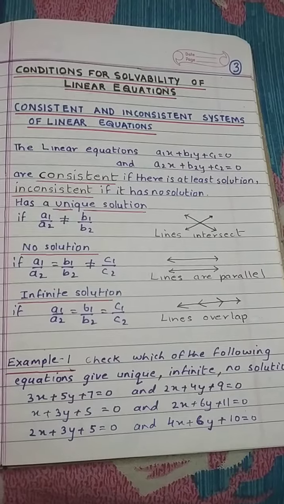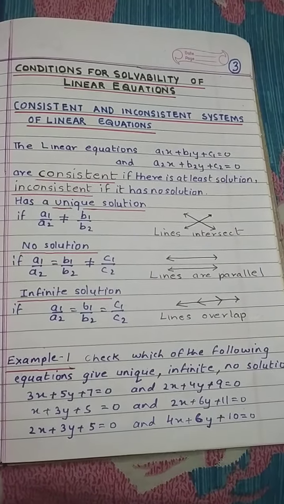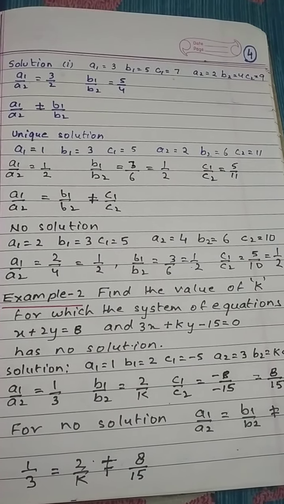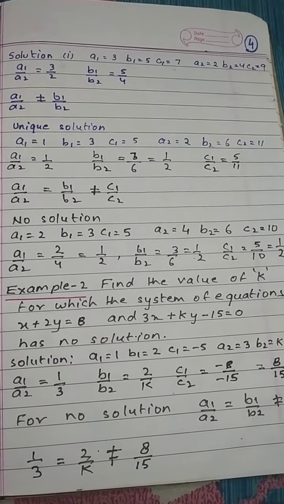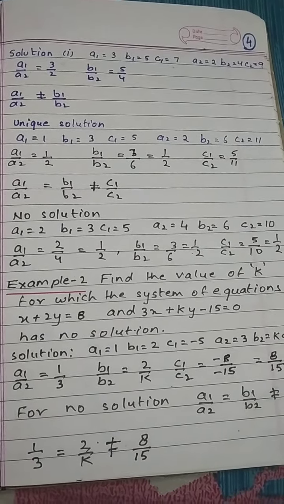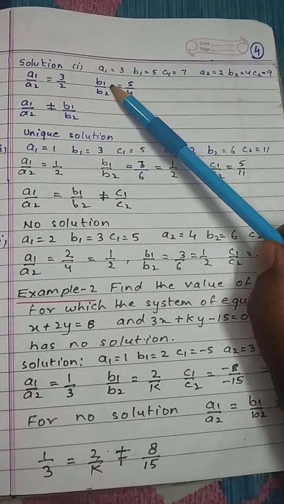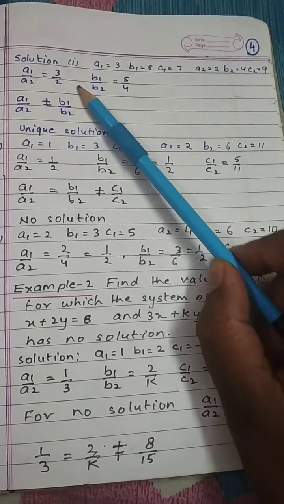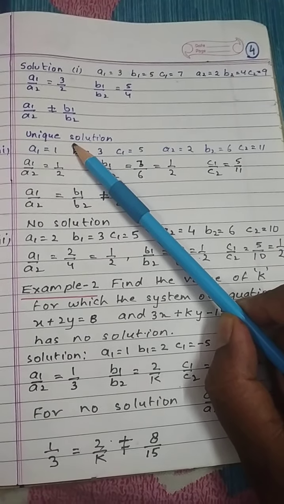In the first equation, a1 is 3, b1 is 5, c1 is 7, a2 is 2, b2 is 4, c2 is 9. a1 upon a2 is 3 by 2, b1 upon b2 is 5 over 4. Clearly they are not equal. So the first equation will give a unique solution.